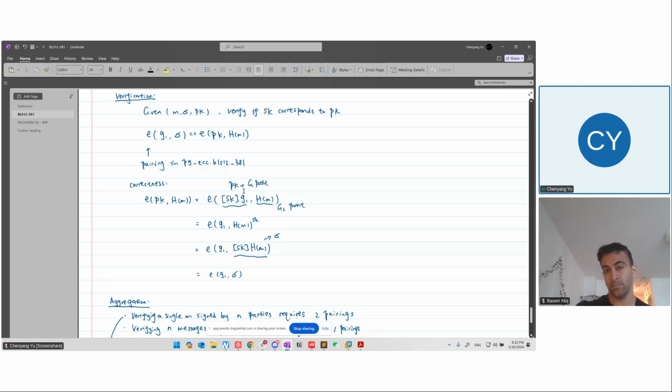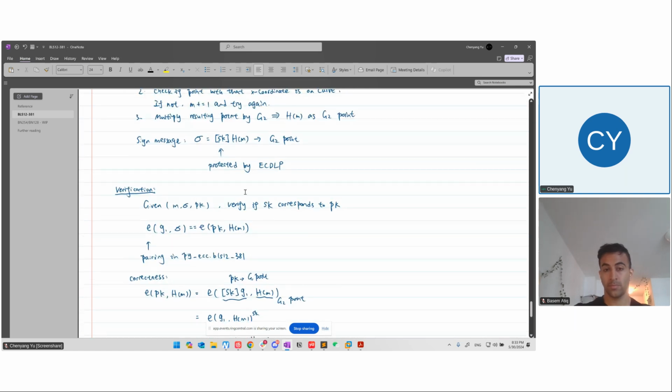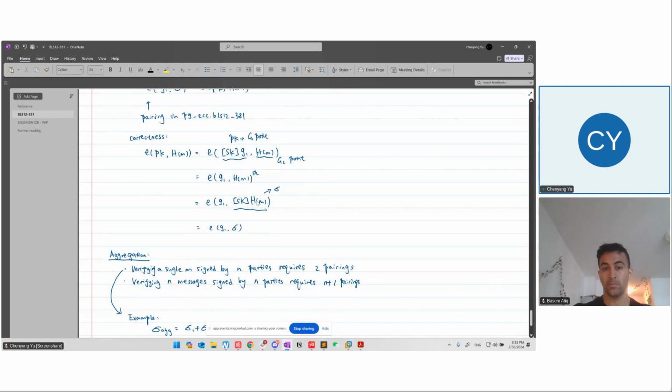Here you actually apply the first property, and then you apply the second property. So you have to write this step out. So property 1 and then property 2. You see the effect is we change the position of sk, and this sk times HM, we call that the sigma, the digital signature. So this is a g2 point. G1 is obviously a G1 point. Okay, so this one equals e of G1 and sigma, a G1 point and a G2 point, a well-defined pair.